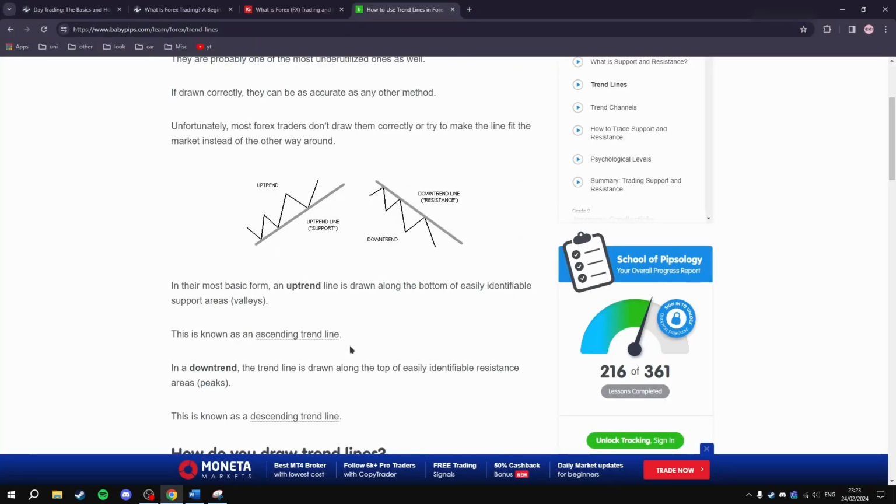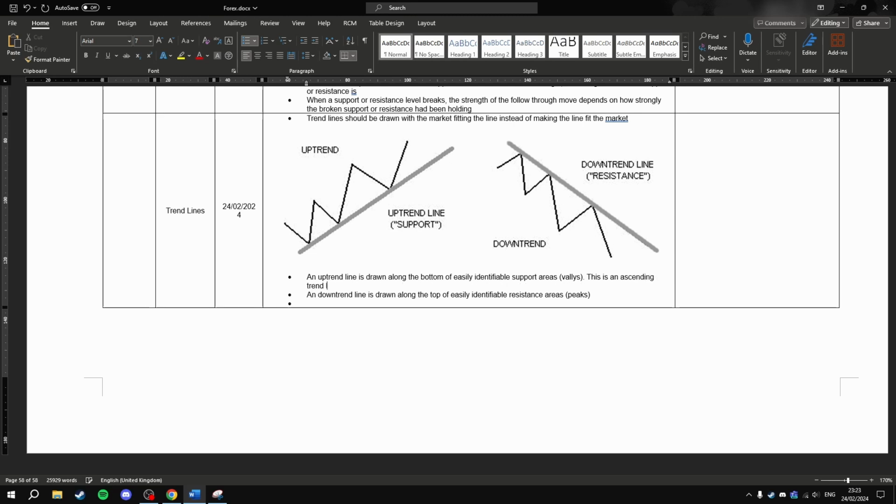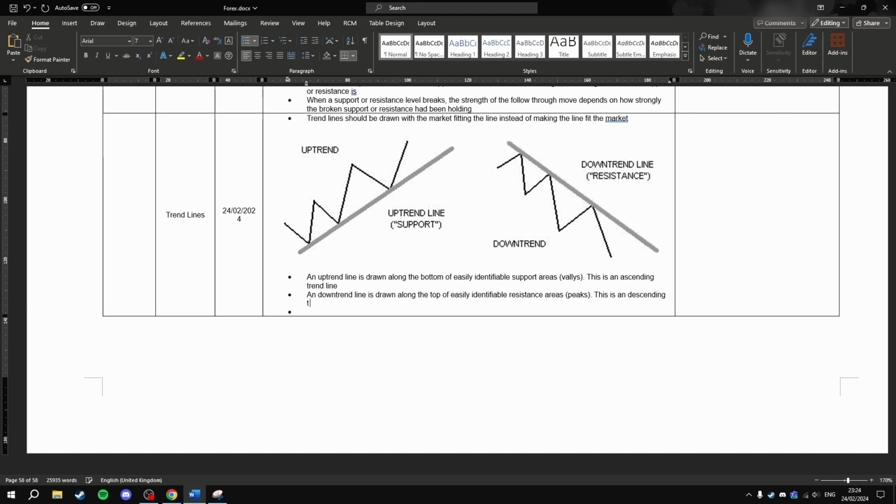This is known as an ascending trend line, because it's going up, and this must be a descending trend line because it's going down.